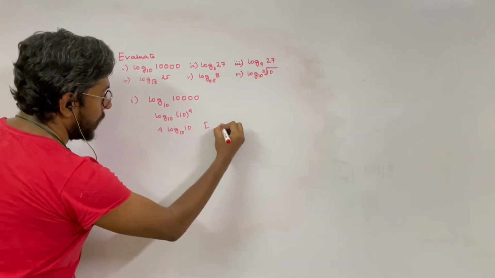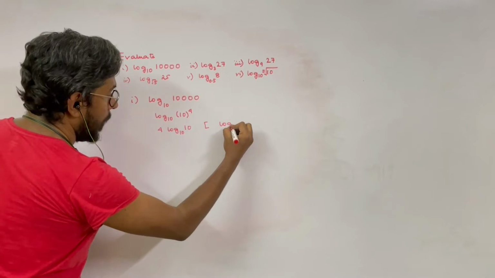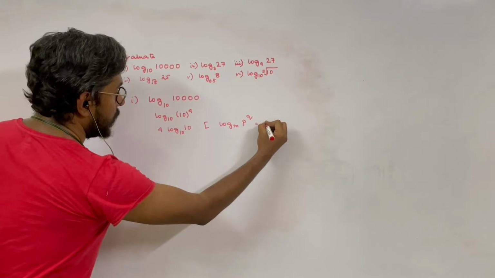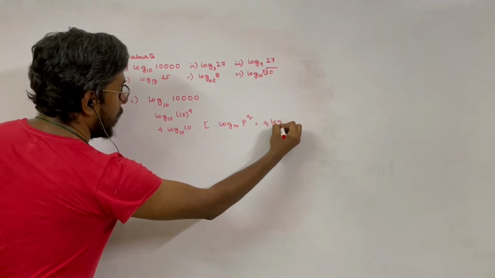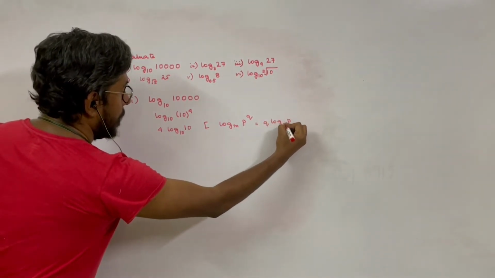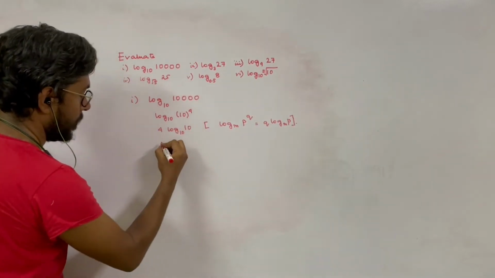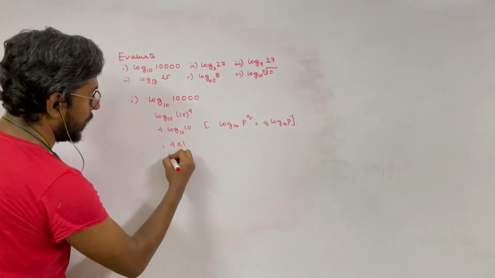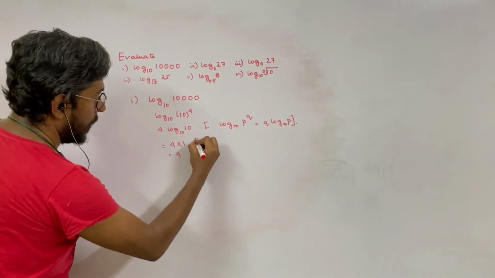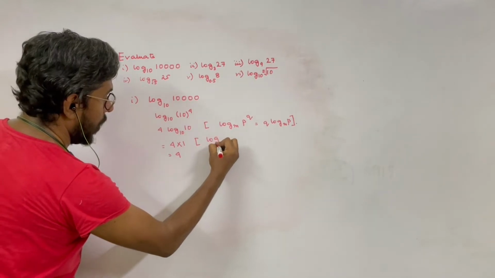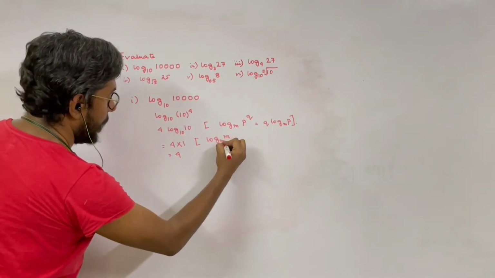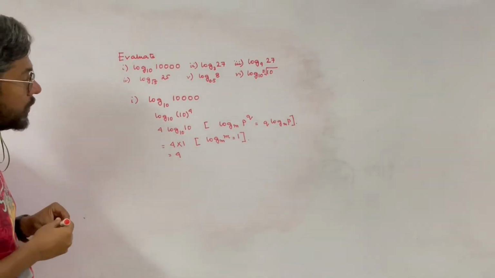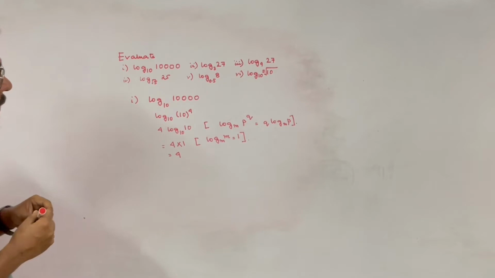This comes from the formula log p to the power q base m equals q log p base m. So this will become 4 into 1, which is 4. Why? Because we know log m base m is equal to 1. So the answer of log 10,000 base 10 would be 4.